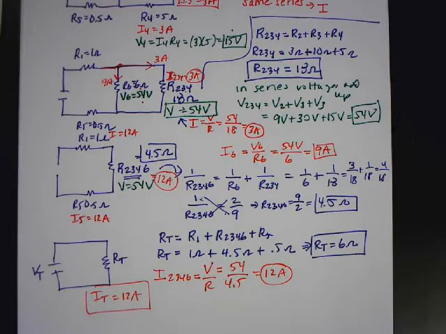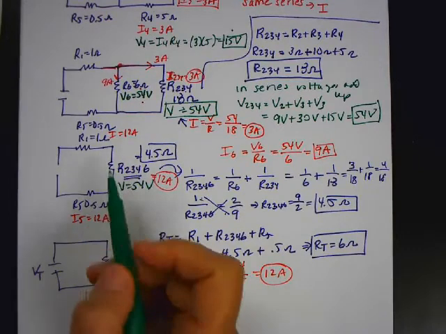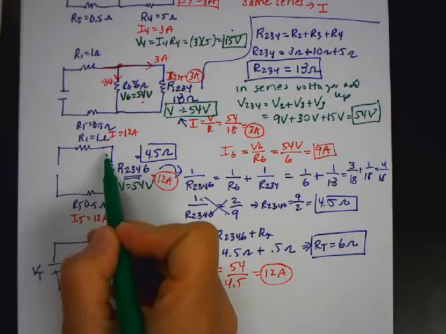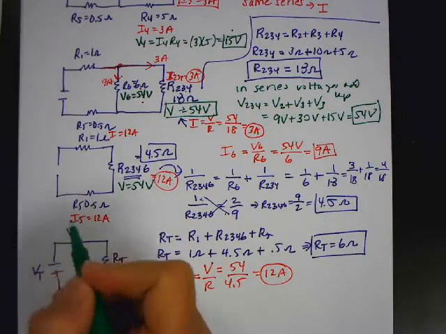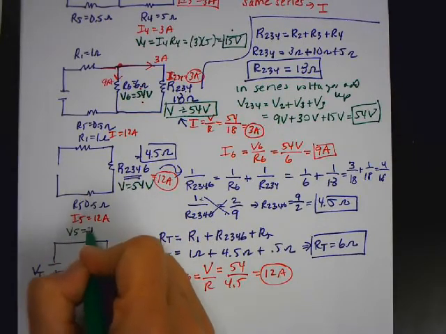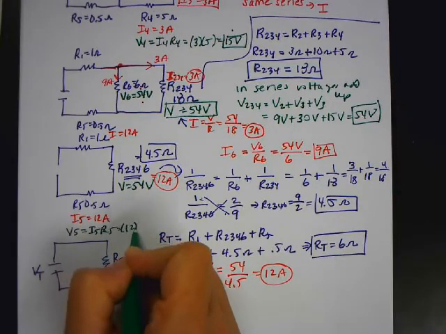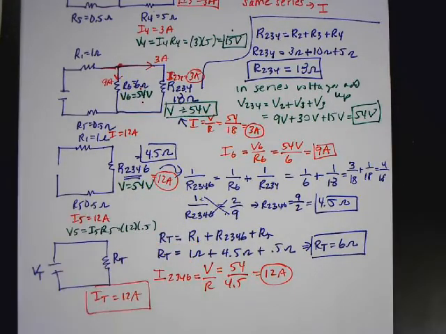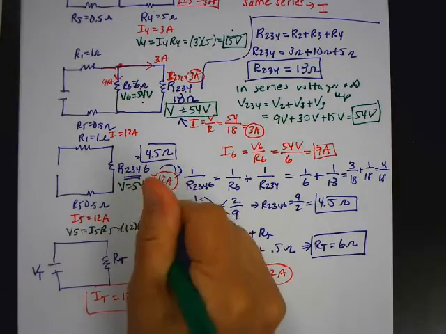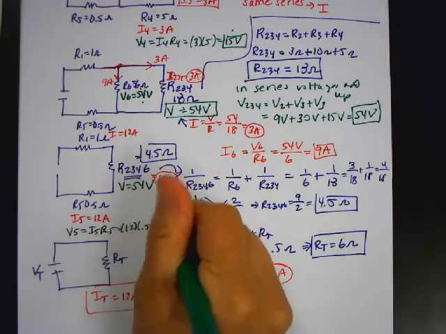So now that I know the total current's 12, so again, the current here is 12, 12, 12, I can find the voltage drop here. I can say V5 is I5 times R5, so 12 times 0.5 is 6, so this is 6 volts.